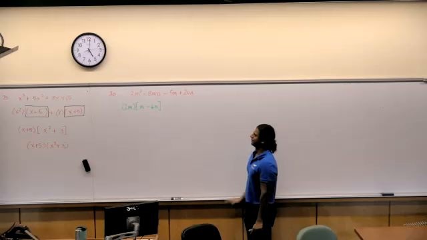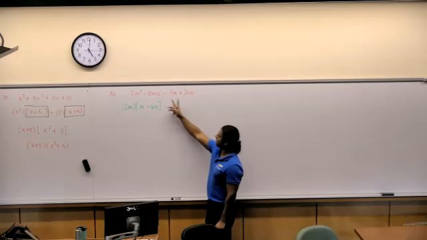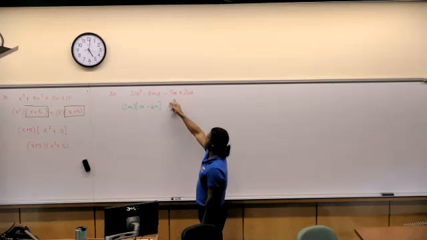Now, I want to take a term out from these two terms. So should you simply take out 5?